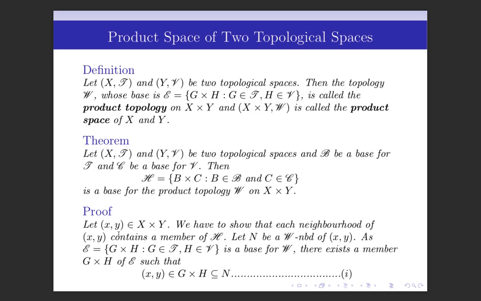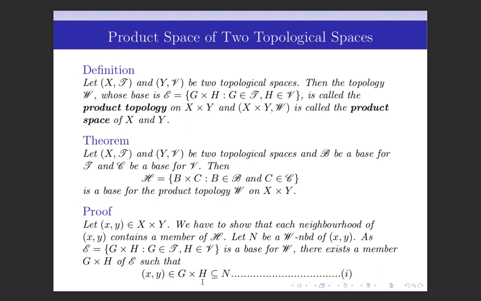As we know, by definition E, containing G cross H, where G belongs to T and H belongs to V, is the base for the product topology W. So there exists a member G cross H of E such that (x, y) belongs to G cross H, which is contained in N, because if N is a neighborhood of (x, y), then this neighborhood contains some member of the base.